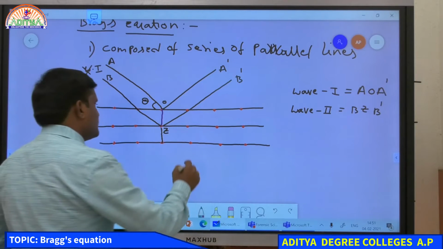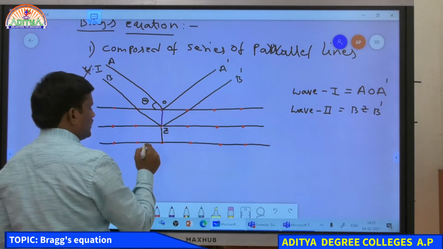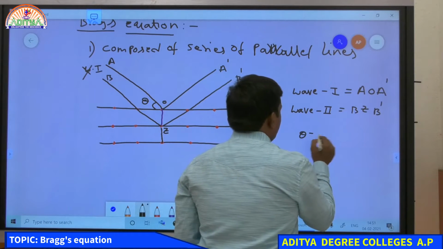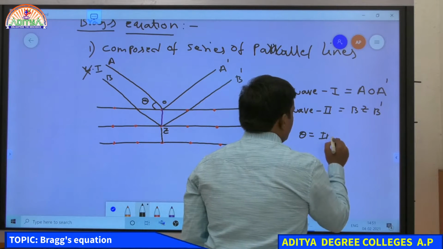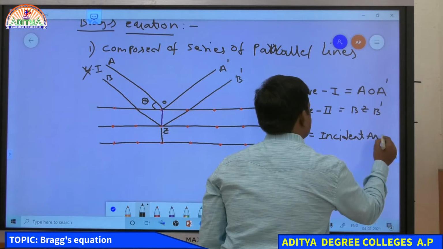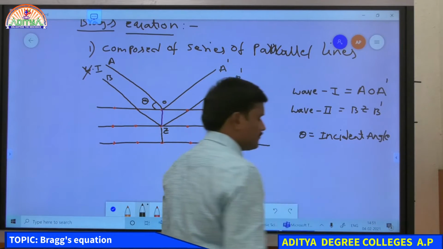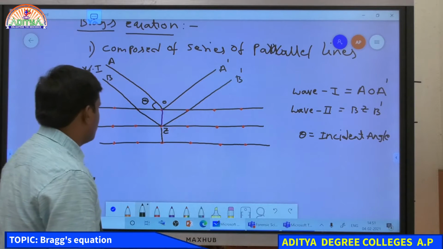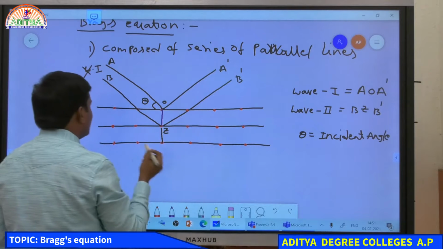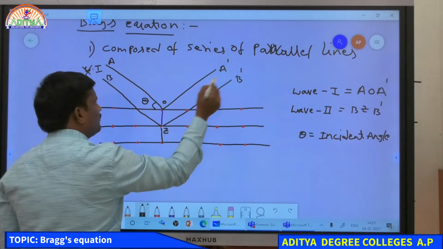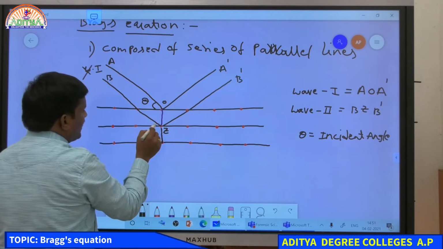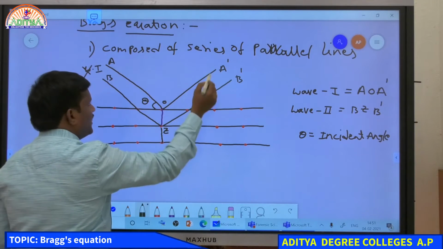Both are incident with an angle of theta. Theta is nothing but the angle of incident radiation, or simply the incident angle. Here look at the diagram. The path length of AOA dash is less than the path length of BZB dash, because this path makes some extra distance compared to AOA dash.